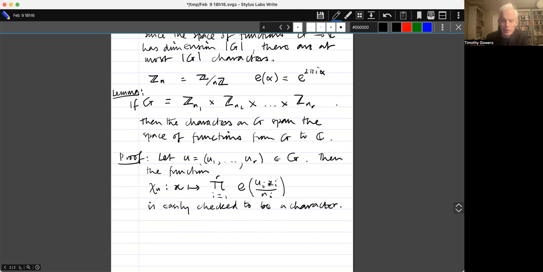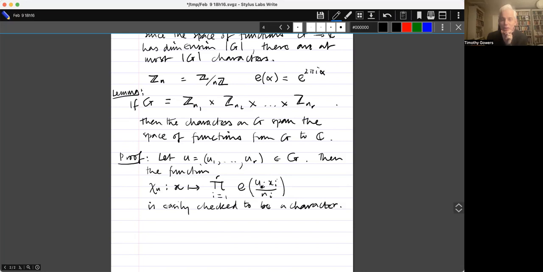But one thing I need to be a bit clear about is this looks a bit strange, this expression here, because ui and xi are elements of Zni. That's integers mod ni, and you can't sort of divide an integer mod ni by ni. But you sort of can.